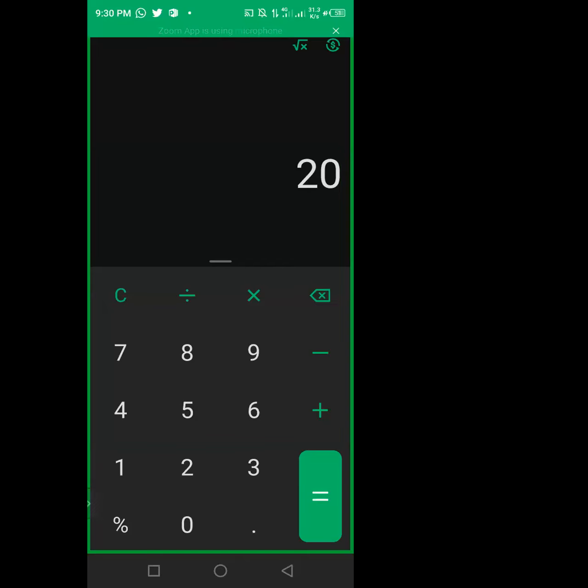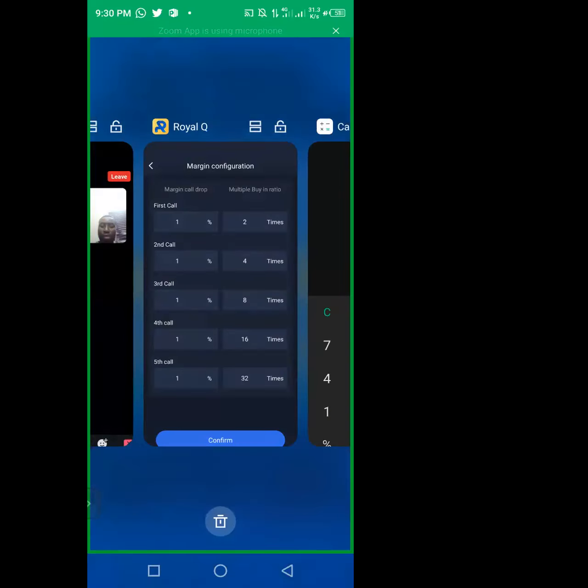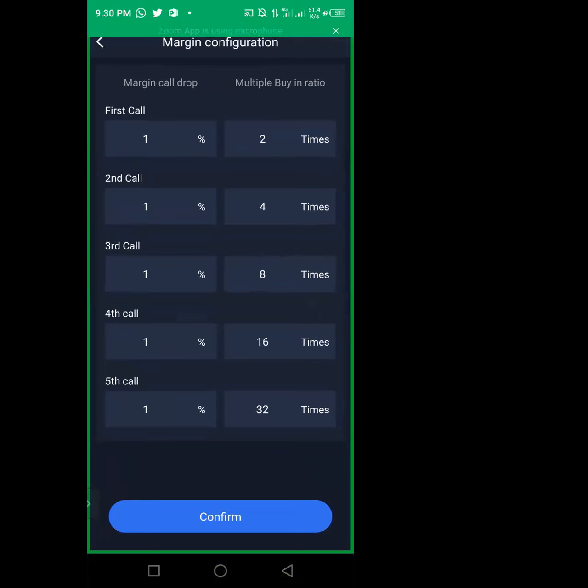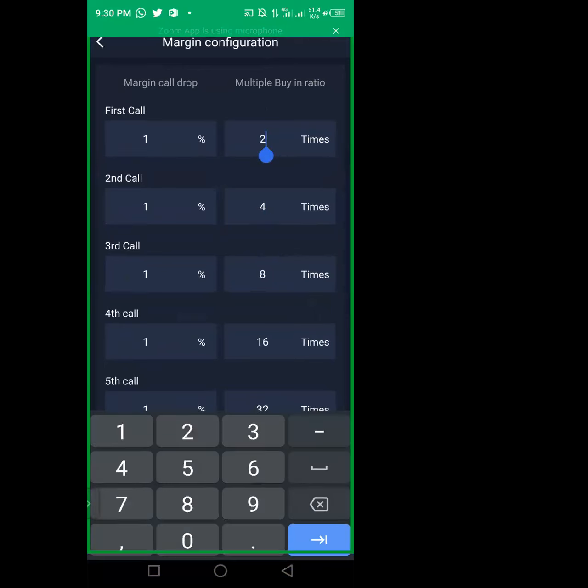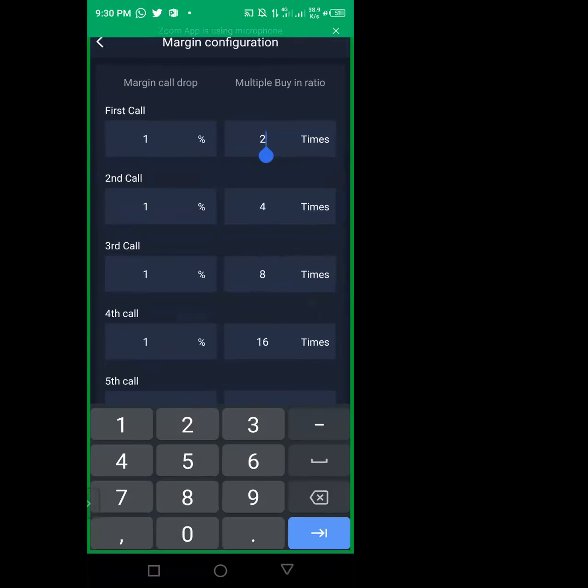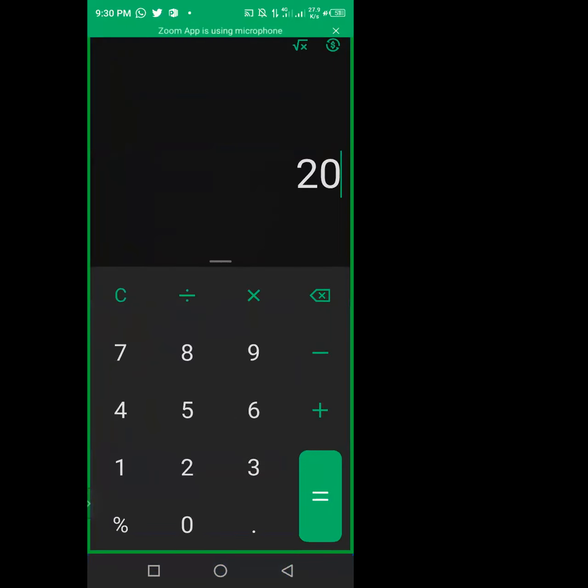So for you to get what you put inside here for times, any value you put here times your first buy should give you 20. So we will do 20 divided by our first buy, which is 100. So it's 0.2.